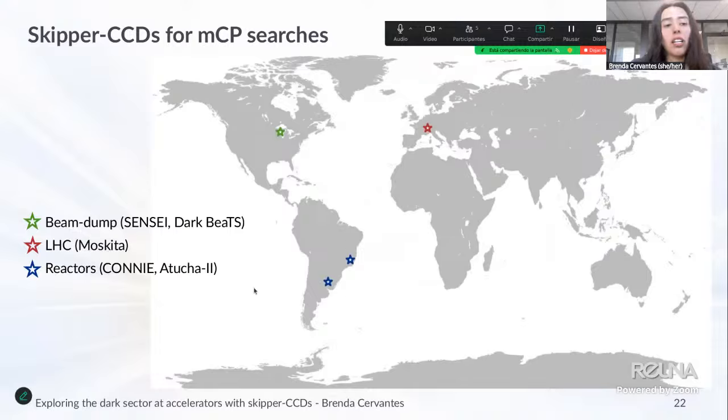But in this talk, I will just focus on the searches that we have at accelerators, which will be the first two points. If you want to know more about reactors, maybe some people from the CONNIE team could give a talk on CONNIE and the reactor MCP search. But well, let's start with the searches at beam dump facilities.